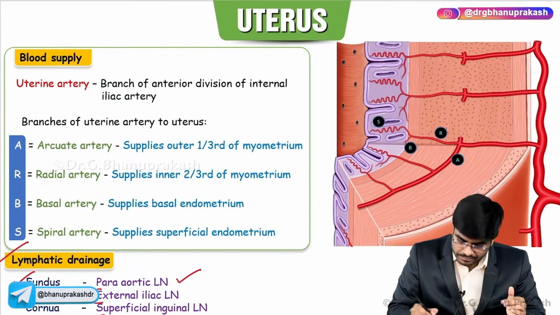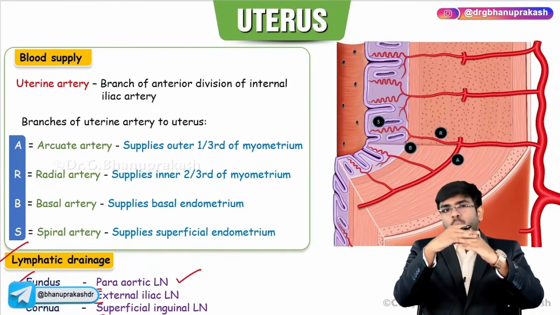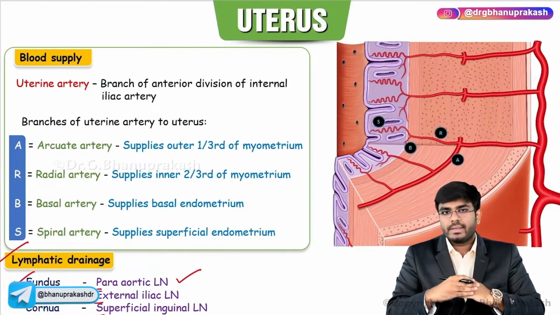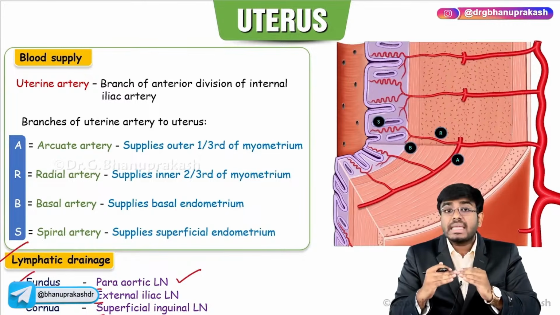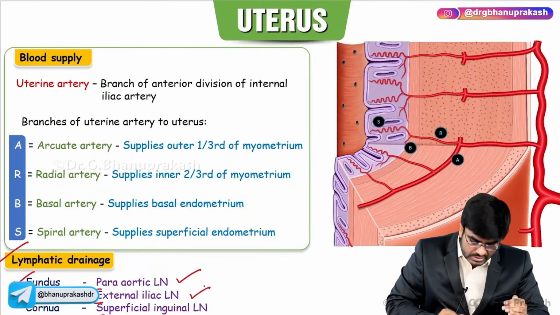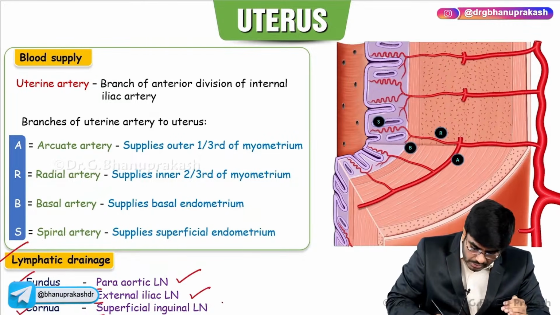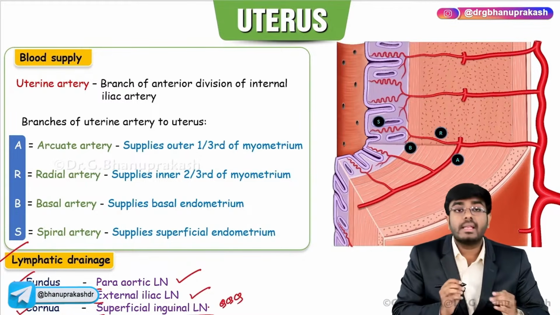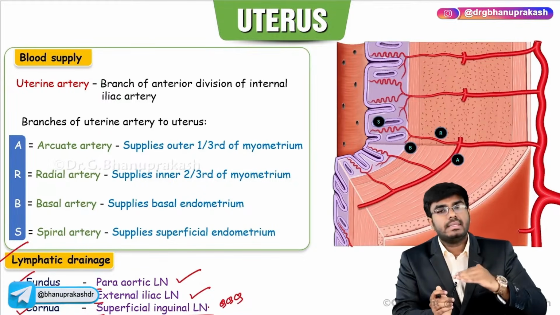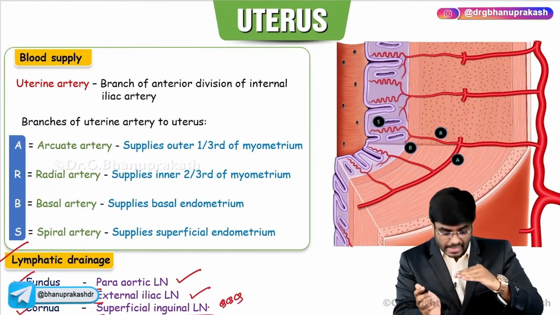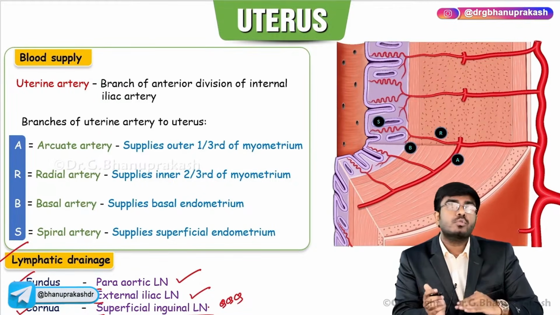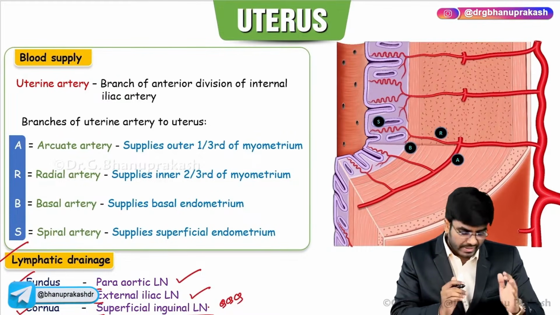Body, after fundus, we all know that above fundus will be there, body will be there. So para-aortic lymph nodes, E for external iliac lymph nodes, and the cornua, this is important, the cornua of the uterus will drain into superficial inguinal lymph nodes. P-E-S: para-aortic, external iliac lymph nodes, S for superficial inguinal lymph nodes. This is the lymphatic supply.